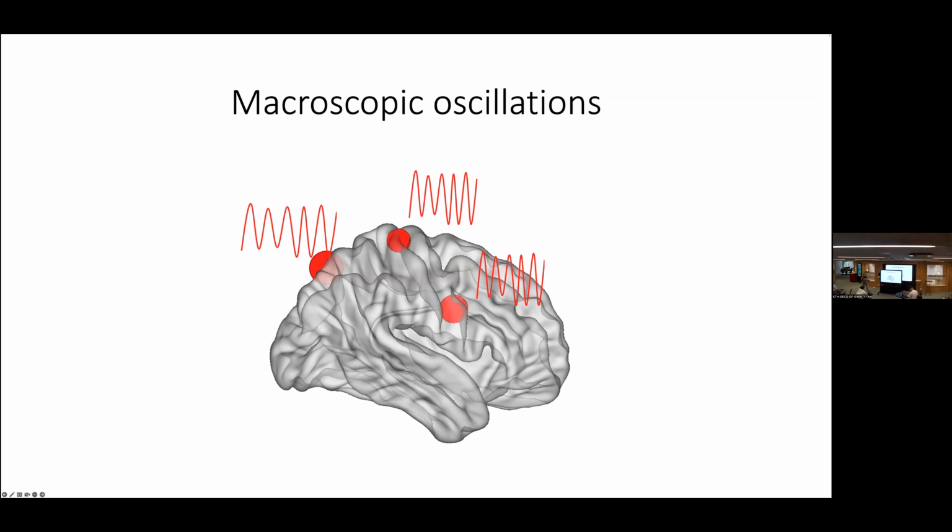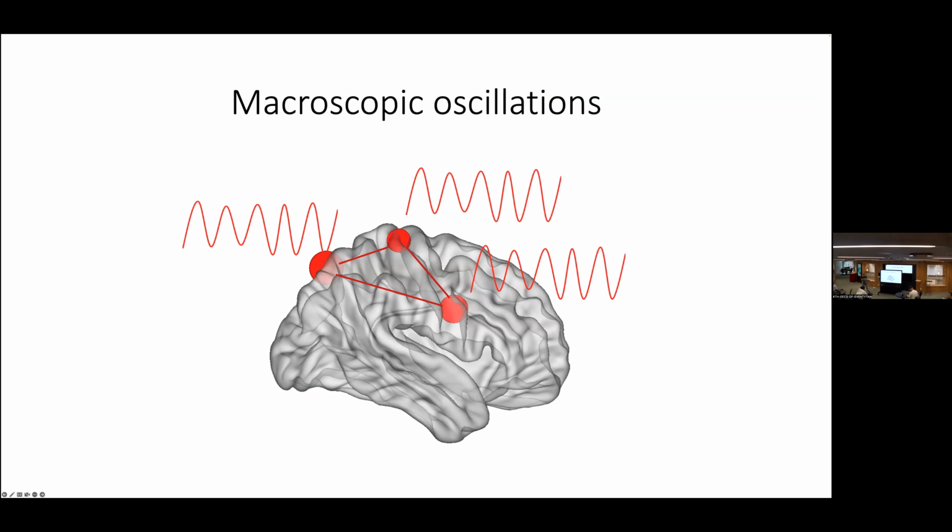So how then are these macroscopic oscillations created? Well, it seems that they can be created through the synchronization of these local populations. For example, in computational models, as you talked about this morning, when you have a time delay between oscillatory nodes, they can start to oscillate at a lower frequency.